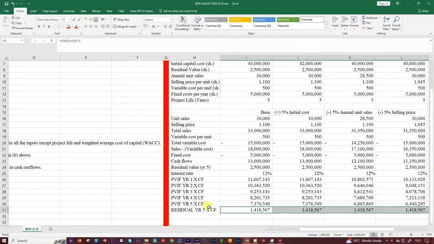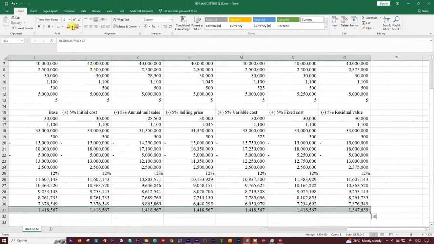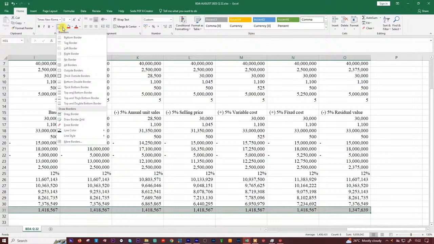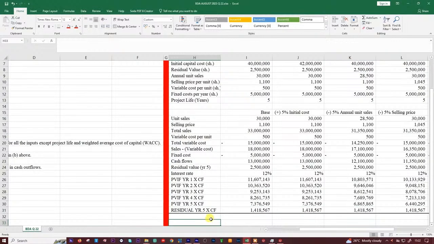So from there, we get the total PV. I can indicate it using a thick border at the bottom there. You can say that we're getting the total present value.